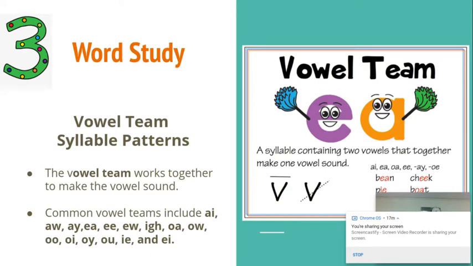So when 2 vowels are together, they only make one vowel sound. And you may have heard, when you were younger at a different grade, when 2 vowels go walking, the first one does all the talking. That is usually true. There are rule breakers, but that is usually true. So for example, if it's E and A, it would say E.